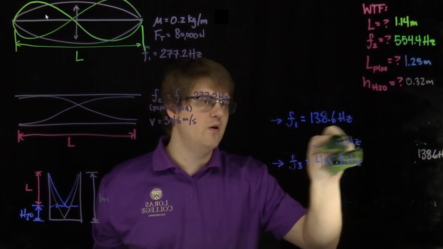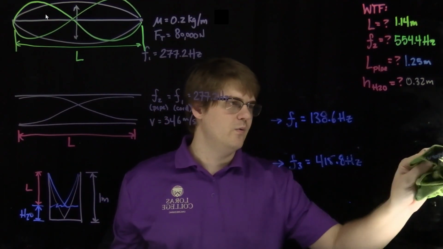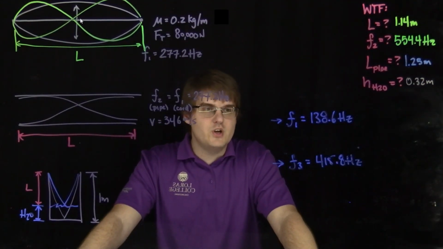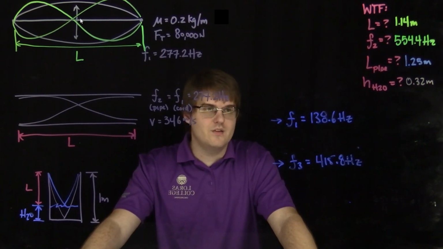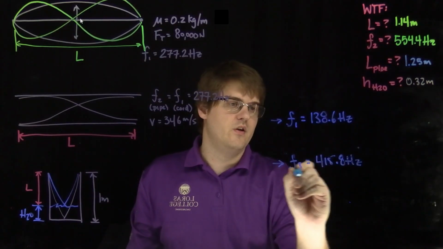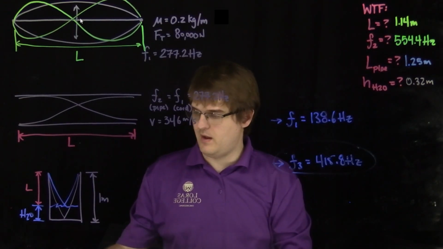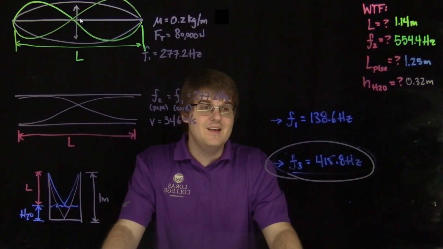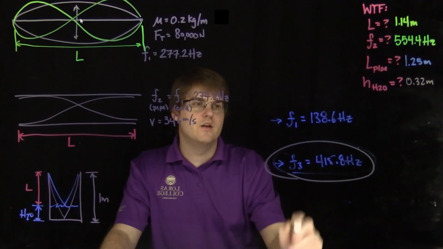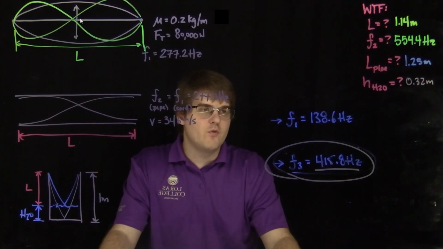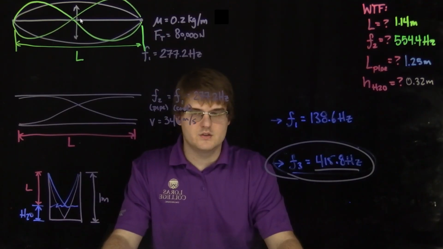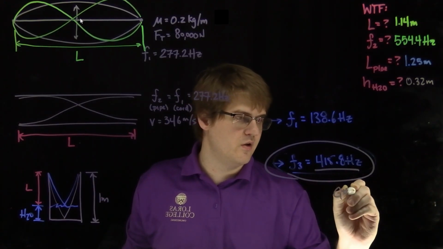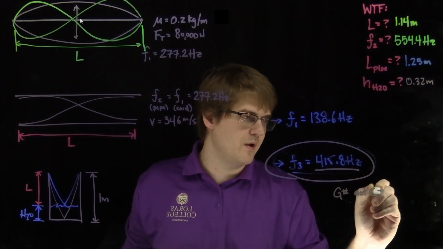So even though we chose that based off the 277.2 sound, and these sounds will share a lot in common, the second harmonic of my system is actually my third harmonic. Second sound produced is 415.8 hertz. And interestingly, this is actually a G sharp, not a C sharp anymore, like my original note.